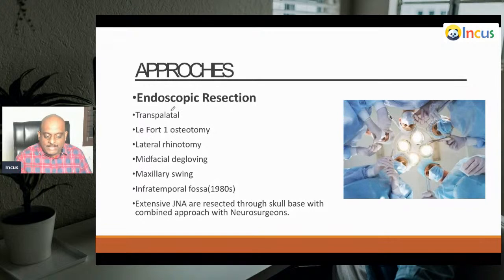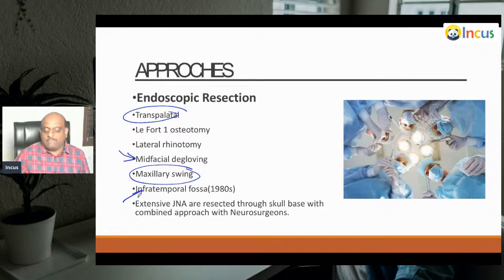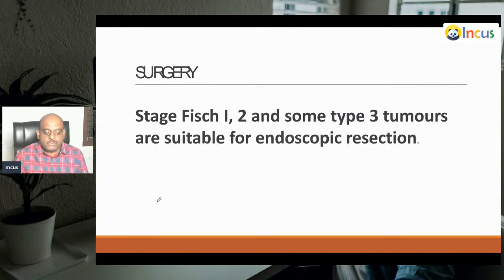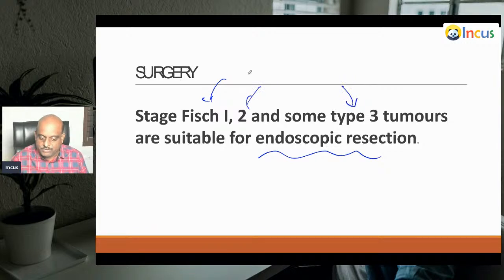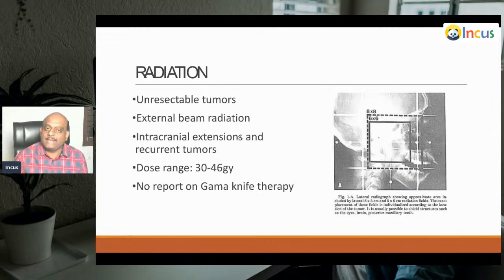When you are resecting, the approaches include transpalatal, maxillary swing, midfacial degloving, infratemporal fossa, etc. So which tumors are amenable to endoscopic resection? Fisch stage 1, 2, and type 3 juvenile nasopharyngeal angiofibroma are resectable endoscopically.